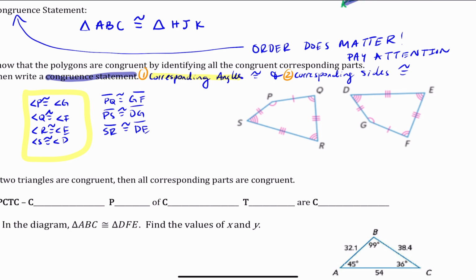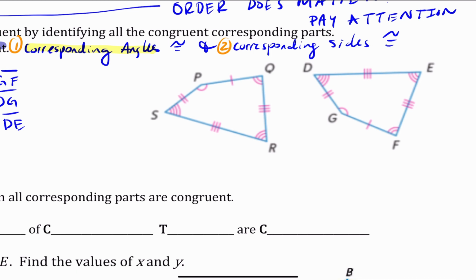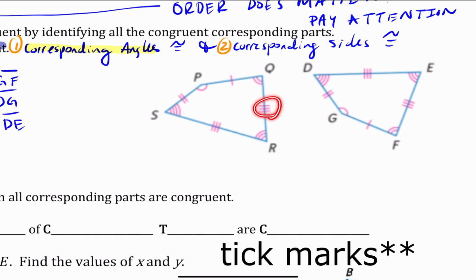And then what else do I have here? Am I missing something? 1, 2, 3, 4. 1, 2, 3. This is weird. This looks like it has 3 arcs here, doesn't it?